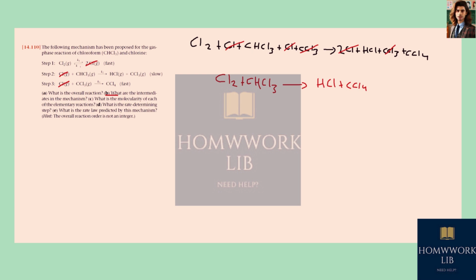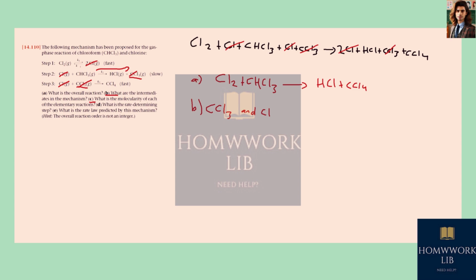Over here, we get a CCl3 in the products, and we consume that too. So CCl3 is also an intermediate. So this was part A, and part B would be CCl3 and Cl.